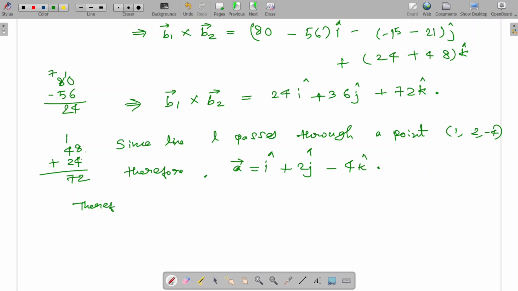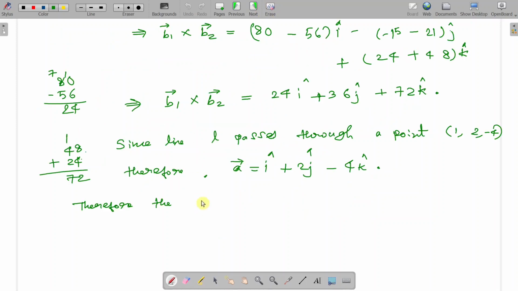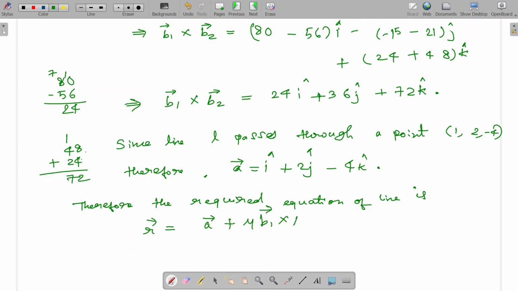Therefore, we have written that this line L is in the direction of b1 cross product b2, so the required equation of line is r bar equal to a bar plus mu times b1 bar cross product b2 bar, because the line is in the direction b1 bar cross product b2 bar, where mu is any real number.